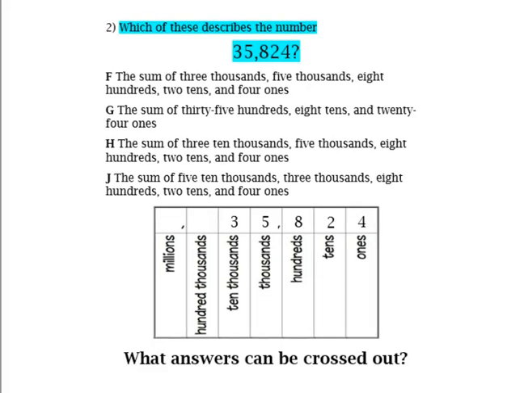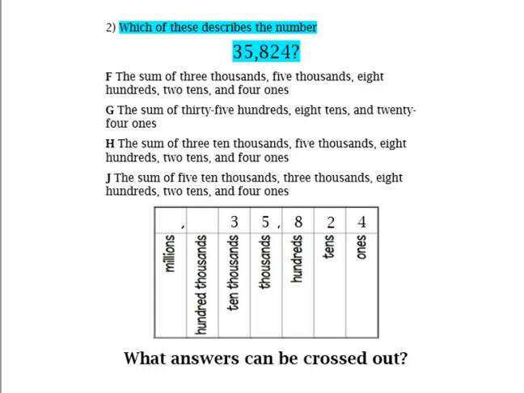Are there any answers we can cross out? In looking at our place value chart, let's take a look at our answers to see if there are any answers we can cross out, which is a good practice to do, because if you can cross out answers that you know are incorrect, this increases your chances of getting the question correct.